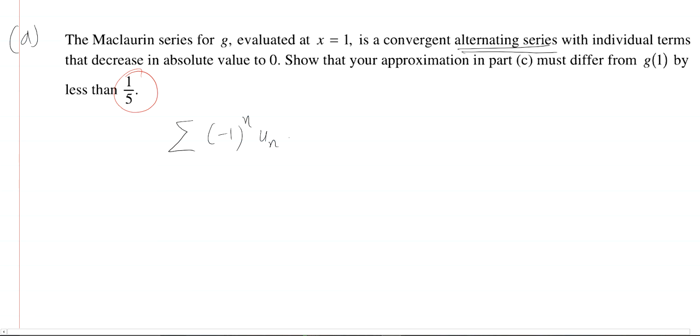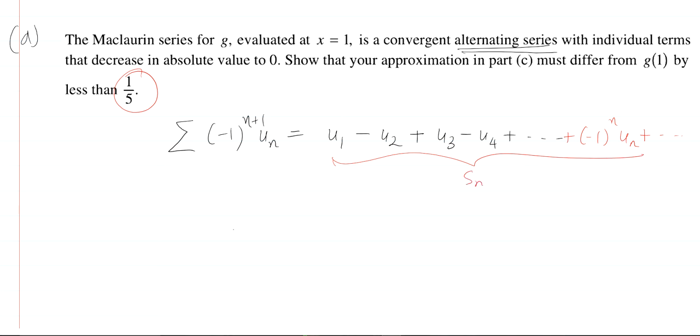If you have an alternating series of this form, which is equal to u1 minus u2 plus u3 minus u4 plus so on, then what we know is that if we were to approximate it up to a certain number of terms, let's say up to the nth term, minus 1 to the n, un, then the difference between the actual value of this series, let's call it h of x, and this approximation, the error that is introduced, is going to be less than the absolute value of the n plus 1th term, un plus 1.